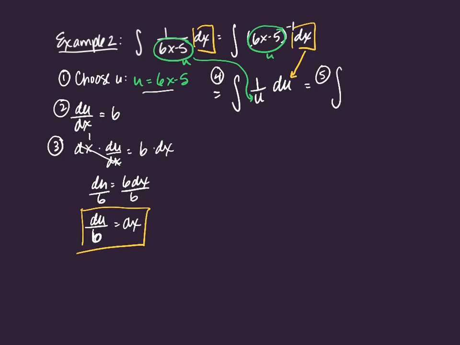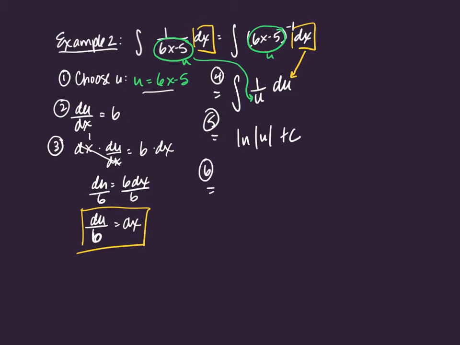Step 5, integrate. The antiderivative of 1 over u is ln of u plus c.